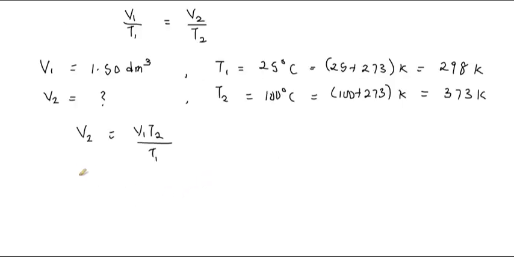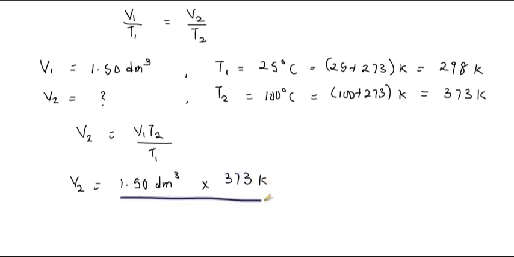The next thing to do to get V2 is to substitute the values from what we've written above. So V2 equals V1, which is 1.50 dm³, multiplied by T2, which is 373 Kelvin, divided by T1, which is 298 Kelvin.